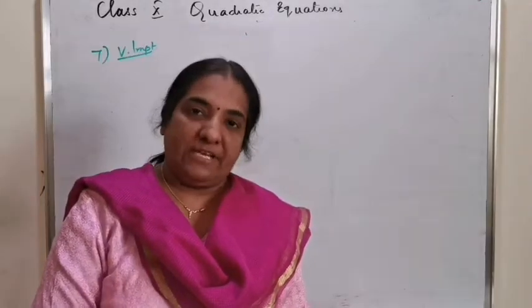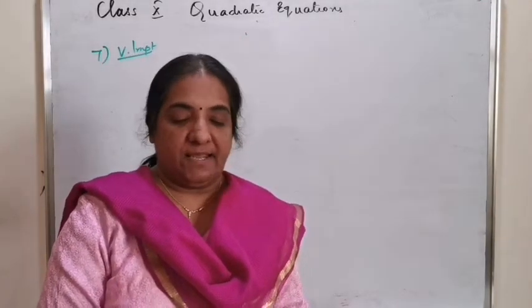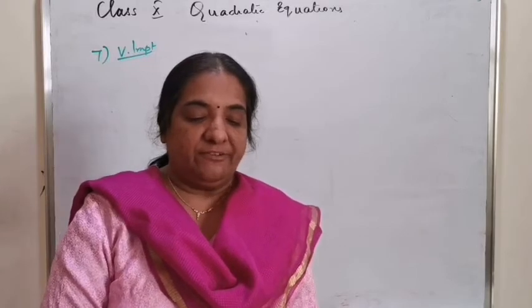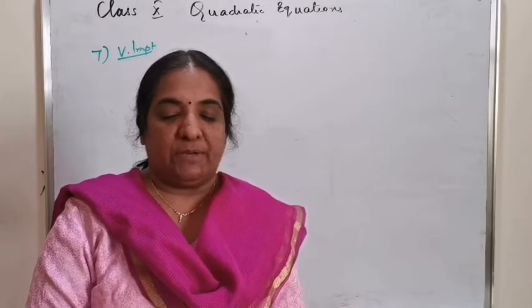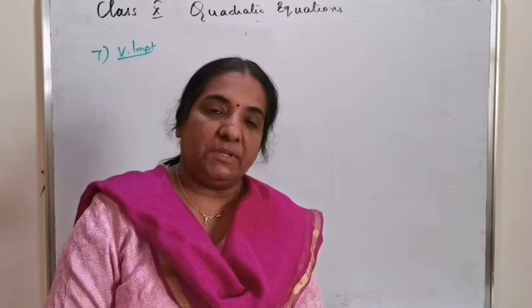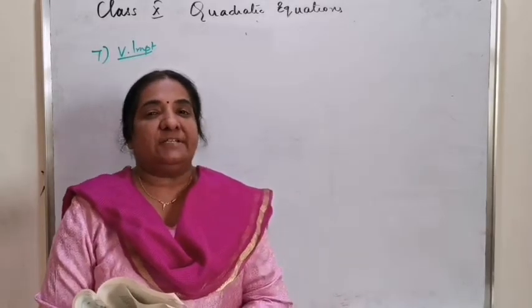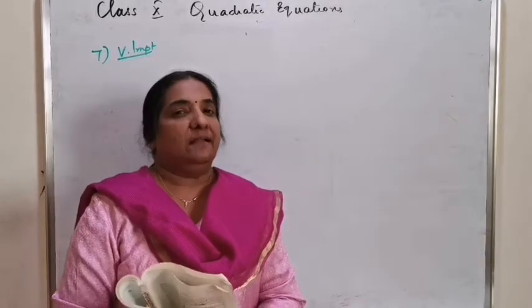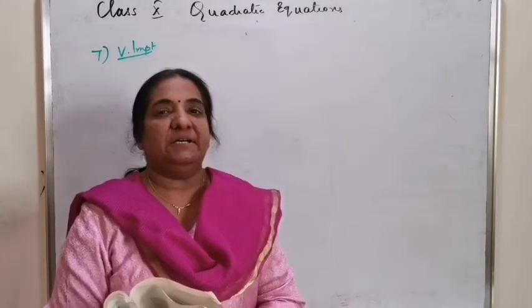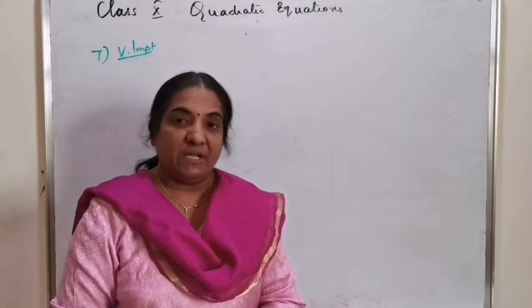Number 7, a very important question which can be asked with the same numbers. The difference of squares of two numbers is 180. Underline the word difference. Every time when I am quoting about difference, there should be a larger number and a smaller number. Otherwise, our calculation may go wrong.